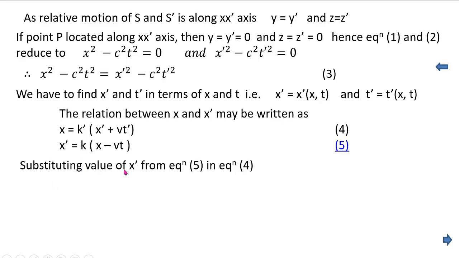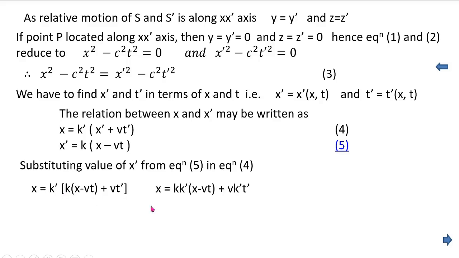Substituting the value of x dash from equation 5 in equation 4, that is, substitute this x dash in this equation. Then x is equal to k dash, and x dash is equal to k into x minus vt, in bracket, plus vt dash.